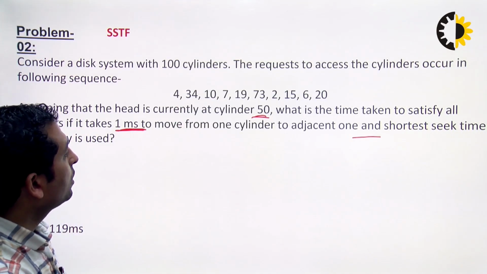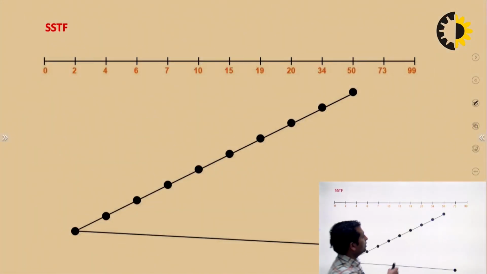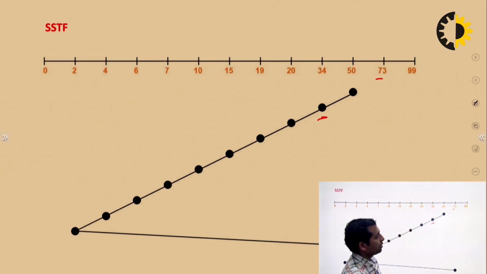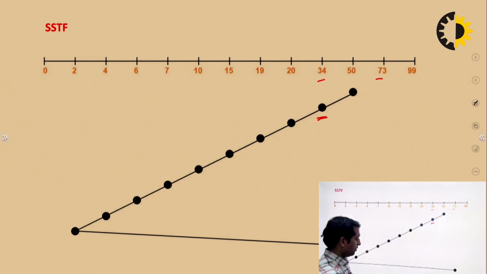The nearest request from 50: 34 has a difference of 16, and this other request has a difference of 23. So 34 will be served, then 20, then 19, 15, 10, and then at the last, 73 will be served.